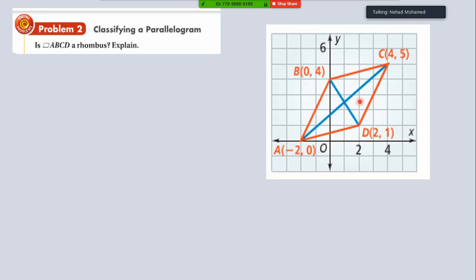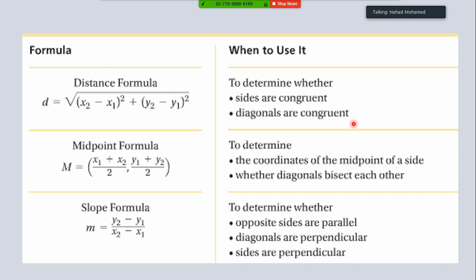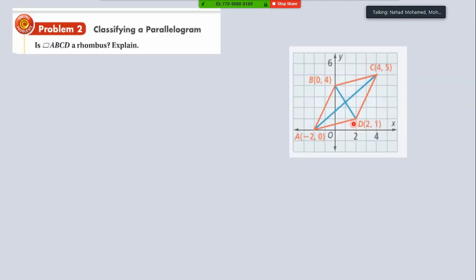If the two diagonals are perpendicular, then the parallelogram is a rhombus. Now, when two line segments are perpendicular, what is the rule? Slope, excellent.